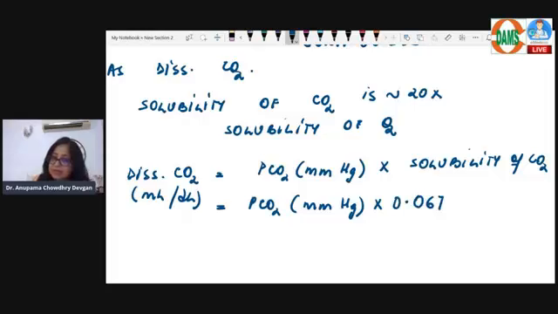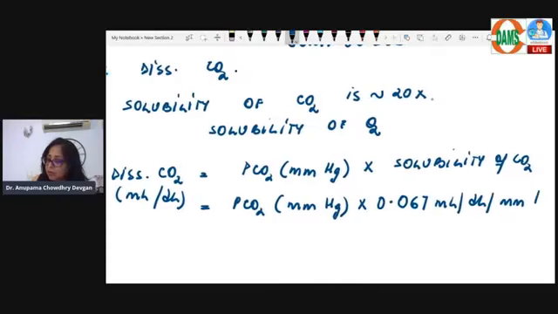In millimeters of mercury into 0.067 ml per deciliter per millimeter of mercury. For oxygen, if you remember, this figure was 0.003. So 0.067 is slightly more than 20 times the solubility of oxygen. Absolutely right, Dipti Mayapati, you've said absolutely correctly.